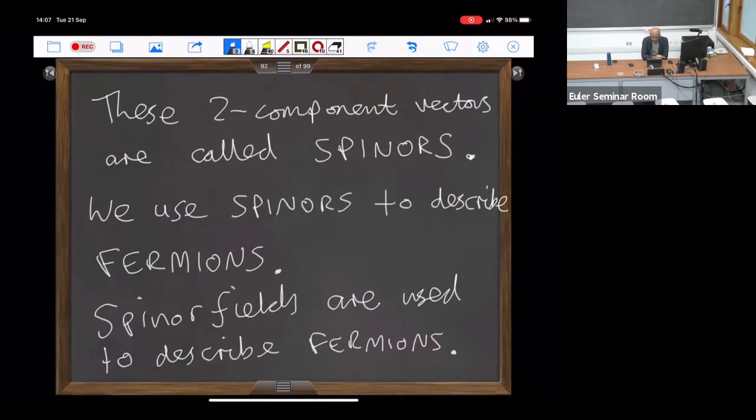And as we go on, and especially as you do the quantum field theory courses, you will understand that these spinors, or spinor fields, are what you use to describe fermions in particle physics.